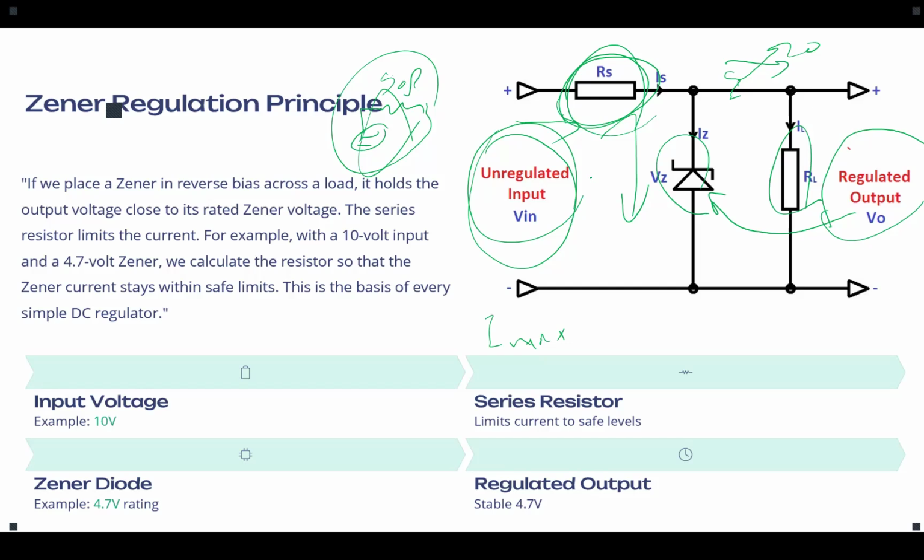Is that clear? We don't know how much the voltage would vary, that's random. So what we do is apply a safety factor to make sure we never pass that I max threshold.